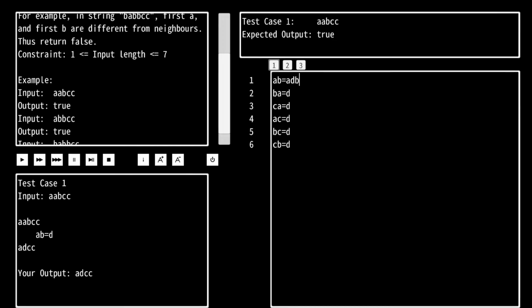Oh my god. Maybe this is the way. This is so stupid. I'm just putting gaps between them.